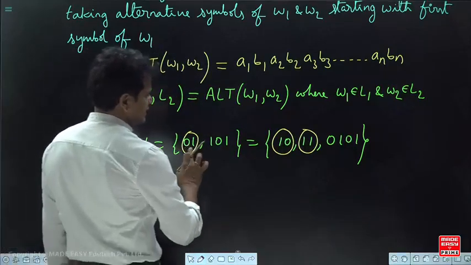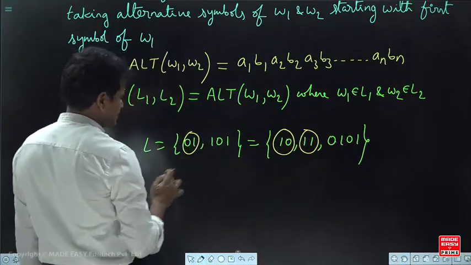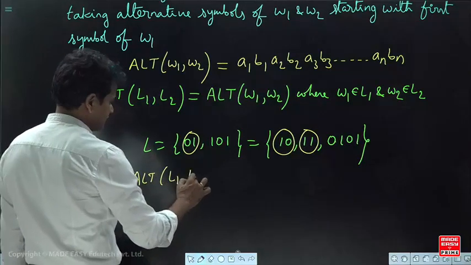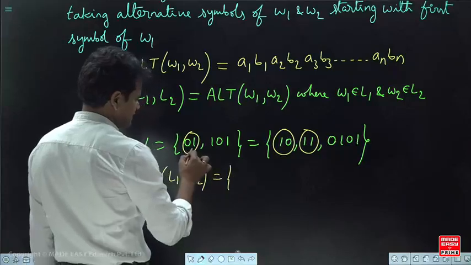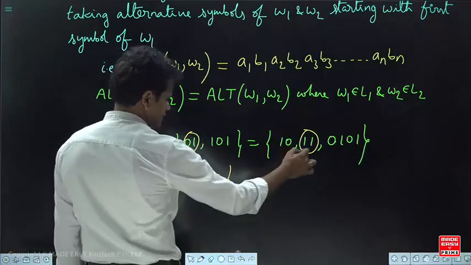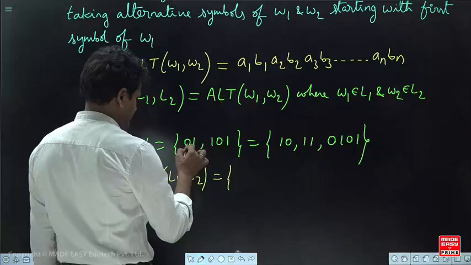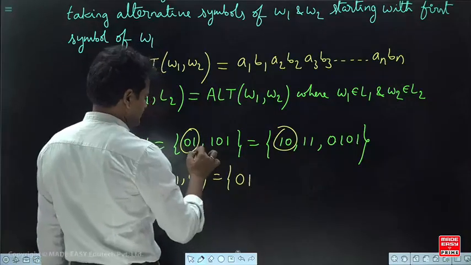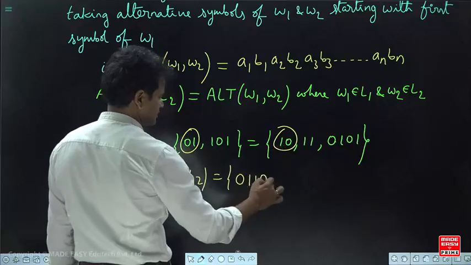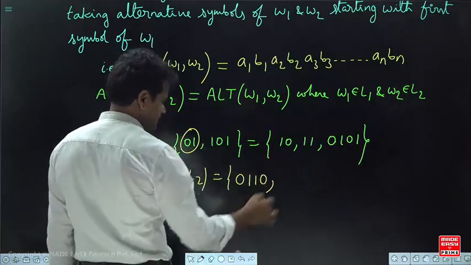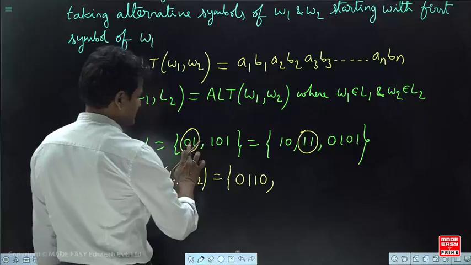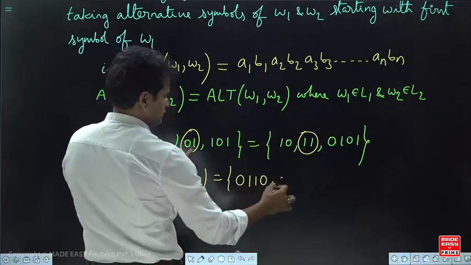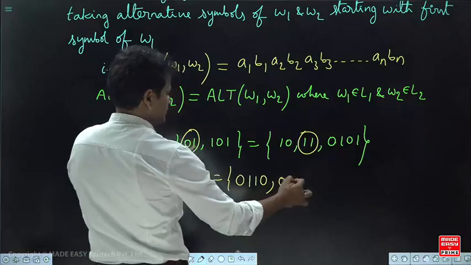But you cannot write alternative with this one. So if I write alt of L1, L2, take this one and this one. 0 followed by 1, then 1 followed by 0, alternative symbols. Okay, this is done. Now take with this one, because these two are same length, na? This and this same length. So 0 followed by 1, then 1 followed by 1.